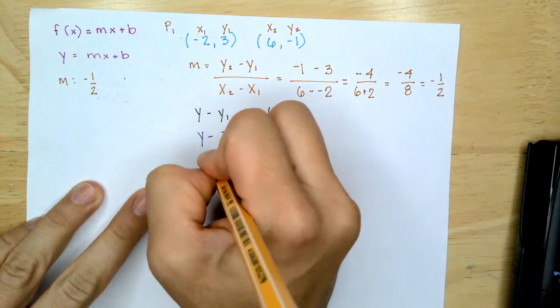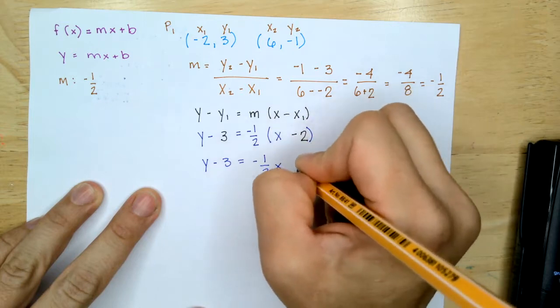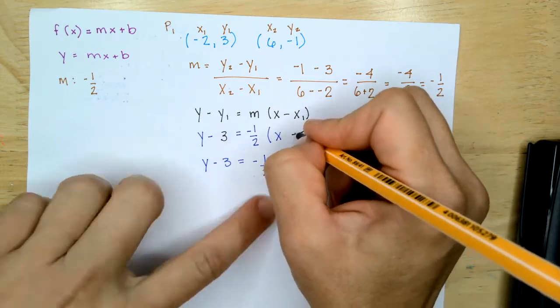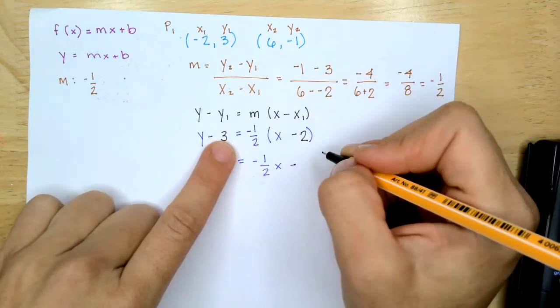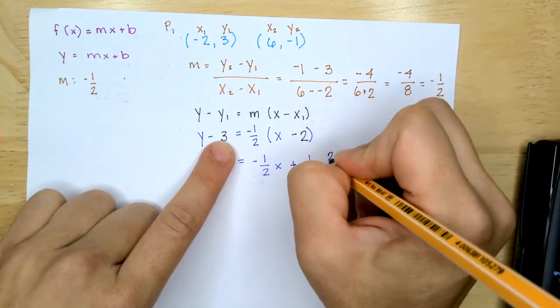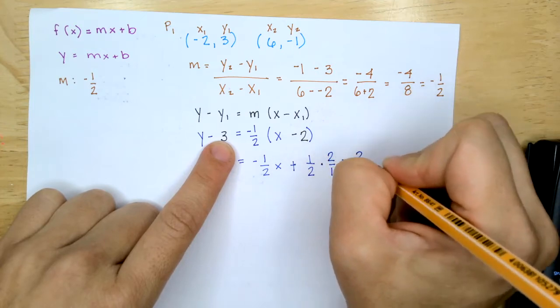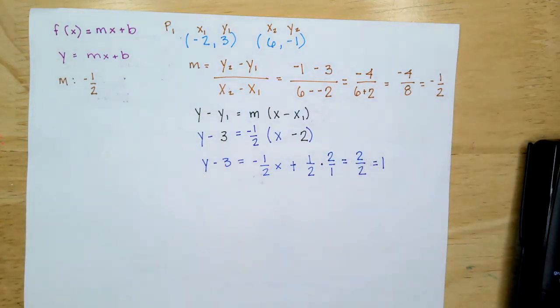So it's still y minus 3 equals -1/2 times x minus -2. So we're going to say -2 times a -1/2 is going to give us a positive number. 1/2 times 2 over 1 is going to become 2 over 2, which is the number 1. Is that okay?